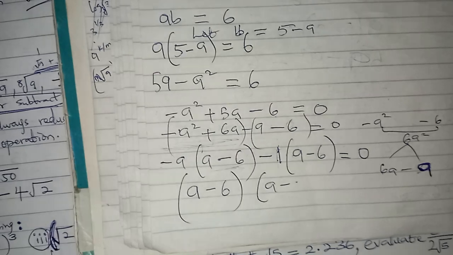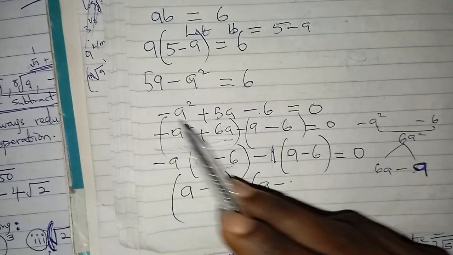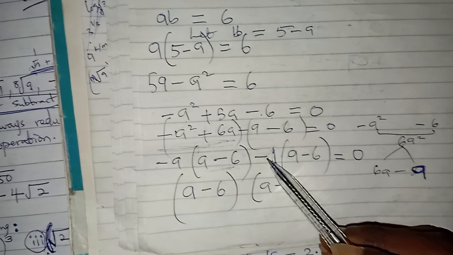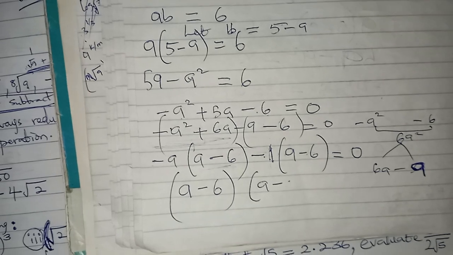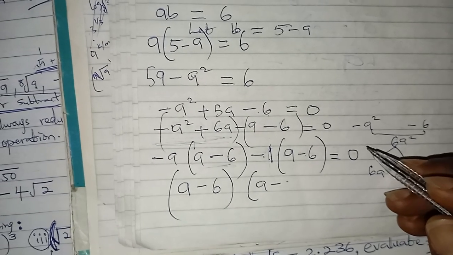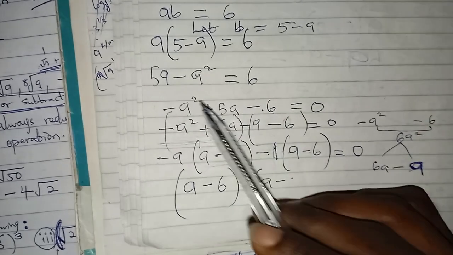Notice that this is minus, so I don't go and do magic. Minus 1 times minus 6 is plus 6, which is not true.